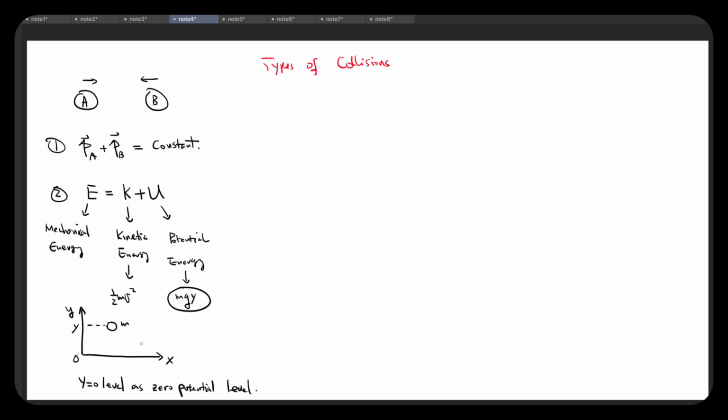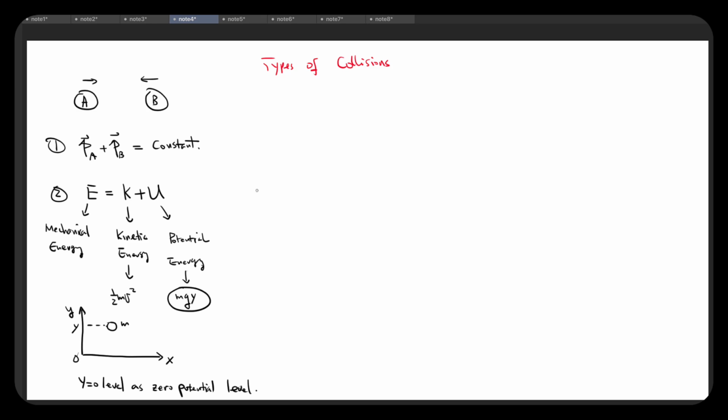That's a quick definition of various quantities. So with that definition, the second criterion that we're going to use to divide the collisions into different types is based on the energy conservation.